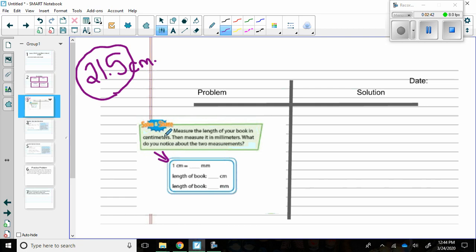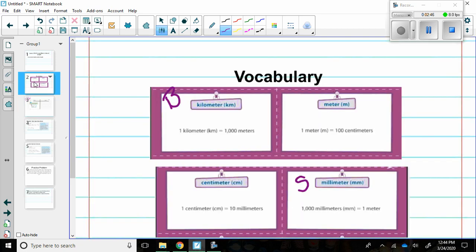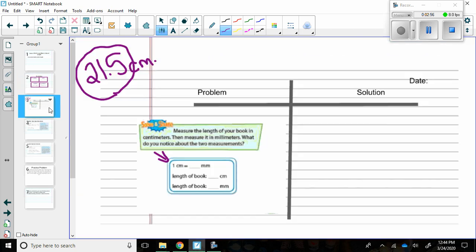So 1 centimeter equals blank millimeters. If I go back in my notes, I see here that 1 centimeter equals 10 millimeters. Remember, it's always important to go back and look at your notes for help.